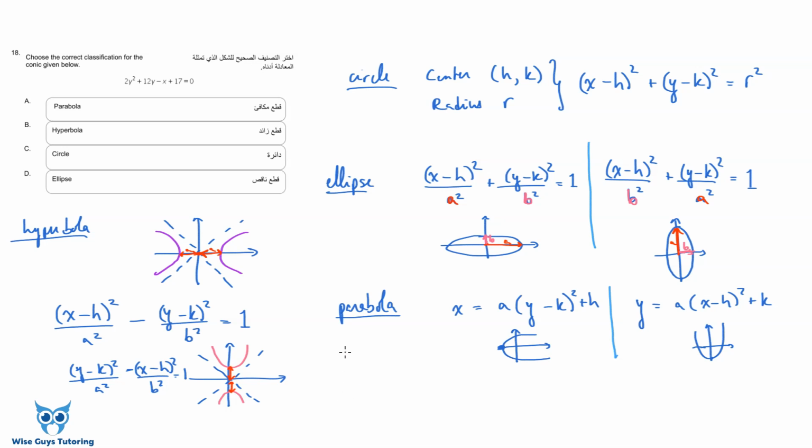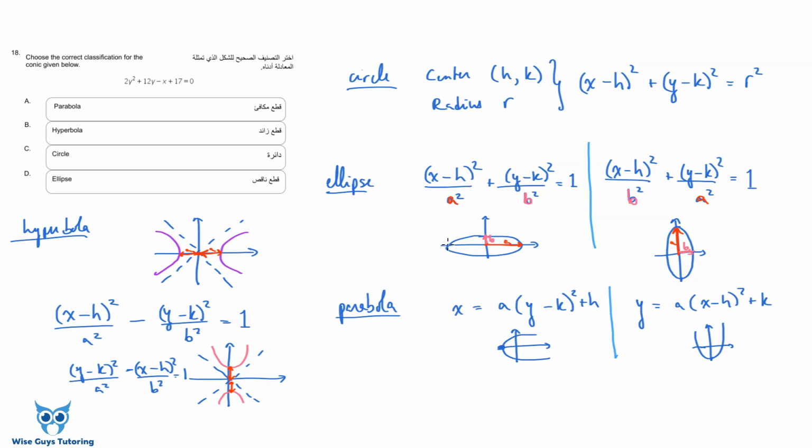So this is what I want to show you guys. The difference is, for a circle you will always have x squared and y squared, and there will be no denominator. That's how you can recognize it. You can get it into this shape, where they both equal a certain constant. In an ellipse, they will be arranged in a way like a circle.